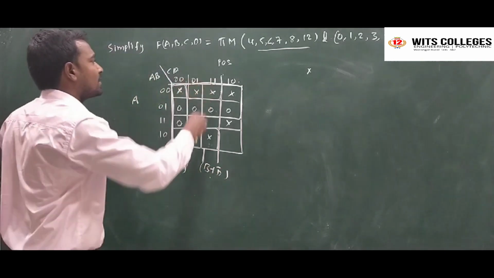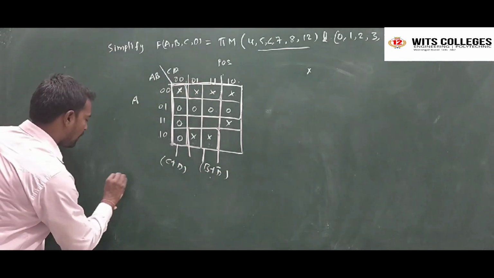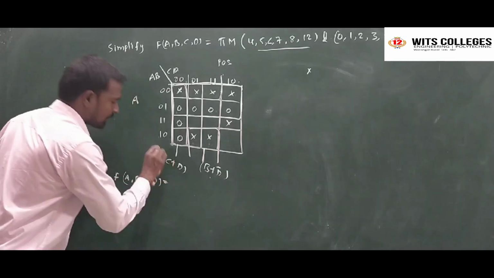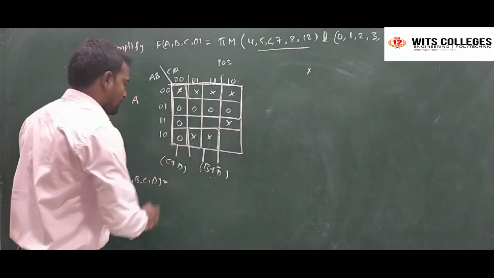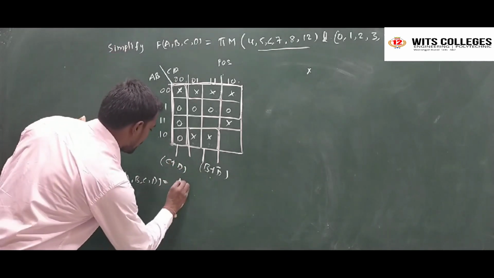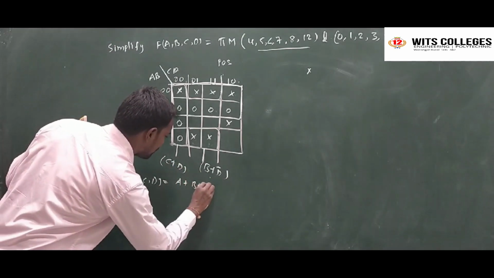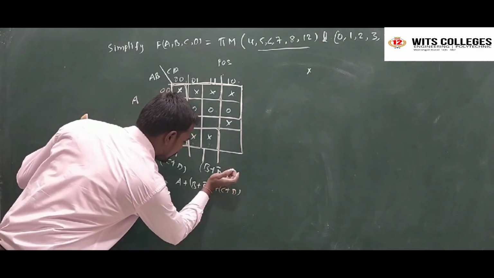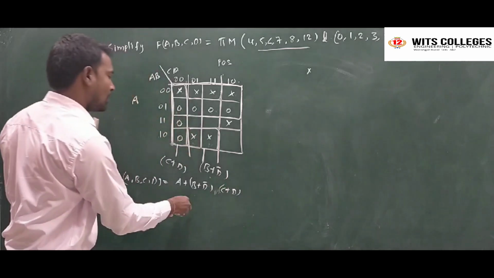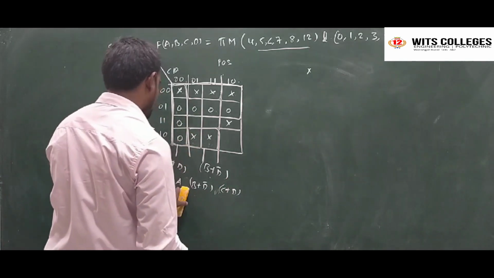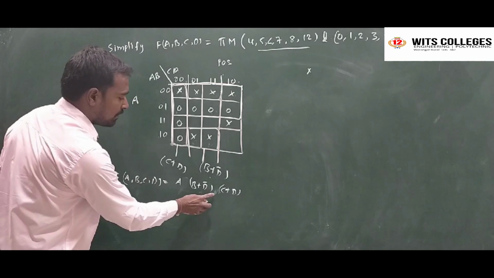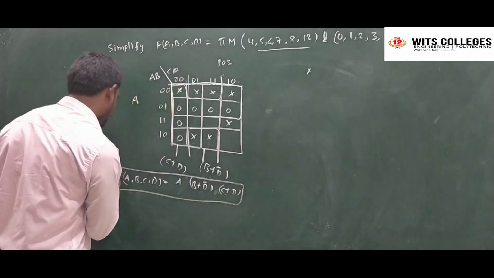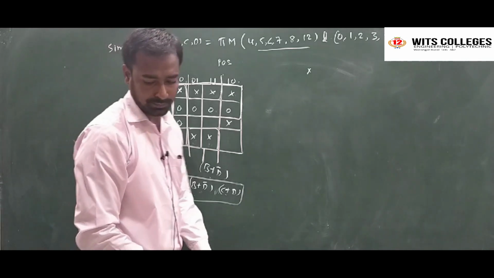So for the final expression, we have to get f of a comma b comma c comma d is equal to a plus b plus d bar plus c plus d into c plus d, that is, sum of products, a into b plus d bar into c plus d. So this is the finalized Boolean expression. Okay.